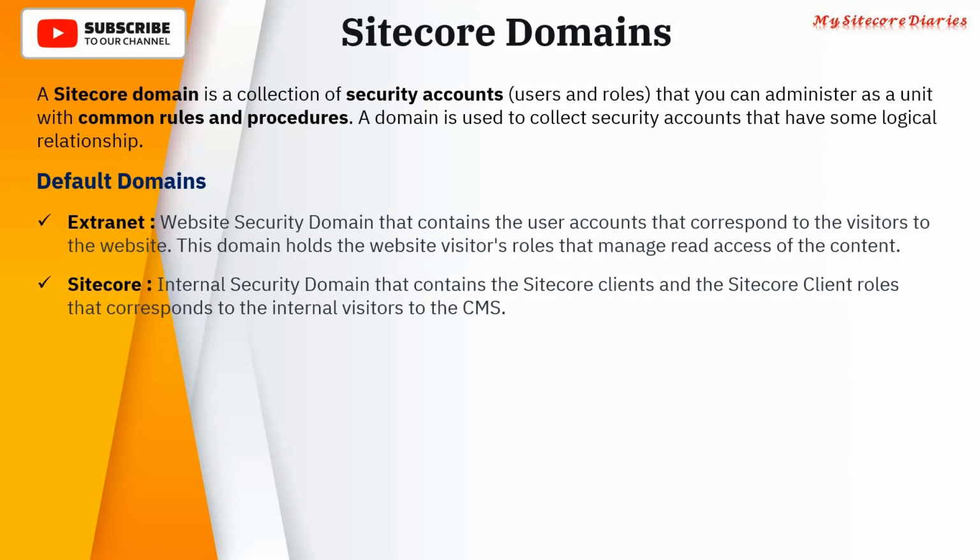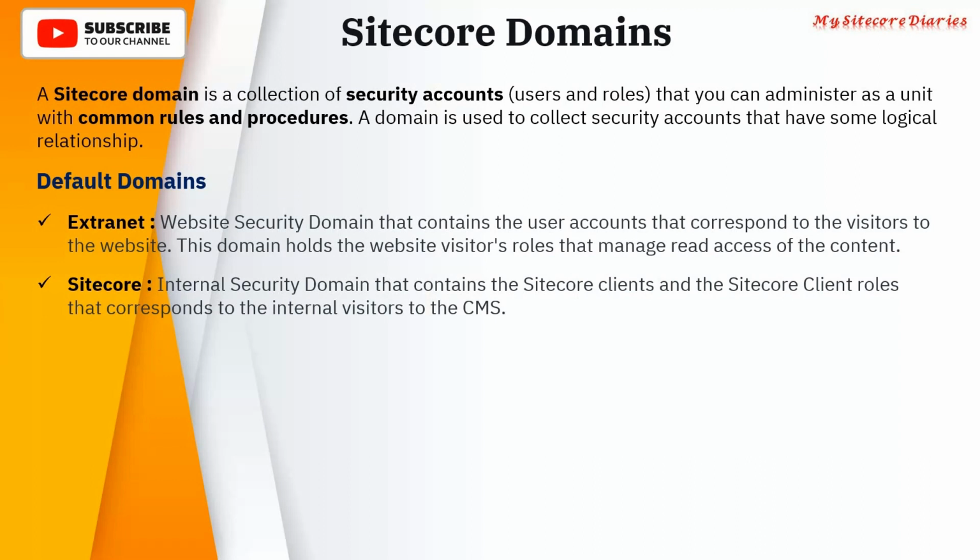For the internal users, the users who log in to the Sitecore CMS, will have the Sitecore domain. Those are users who will need access to the Sitecore client, and the corresponding roles will go into the Sitecore domain.